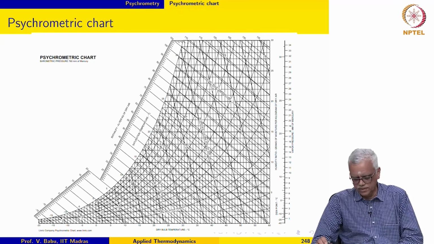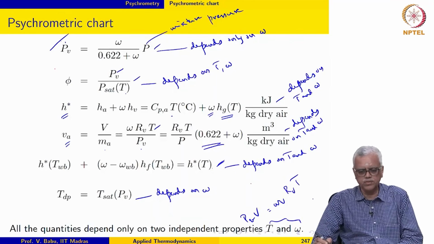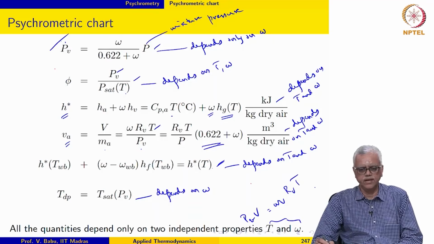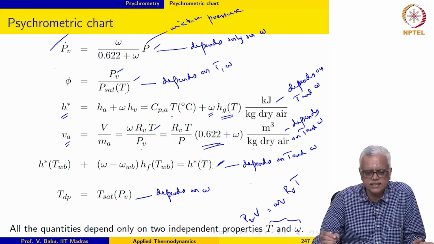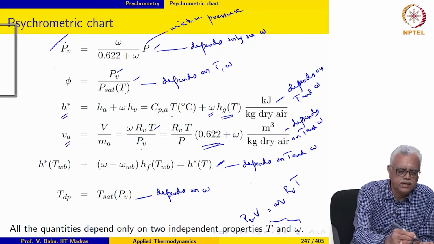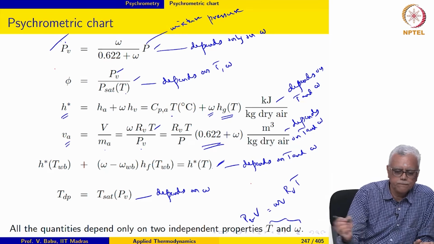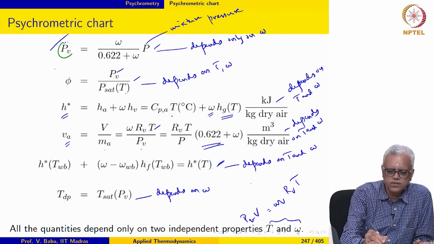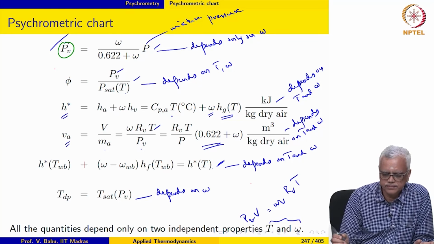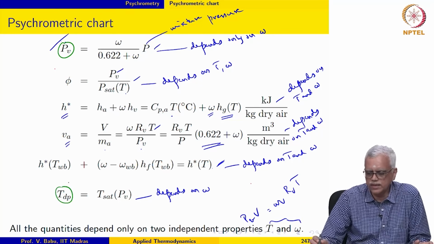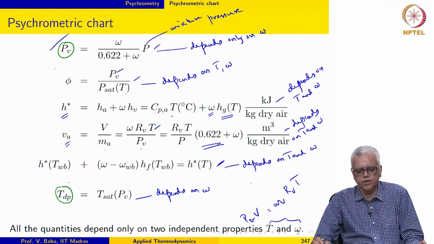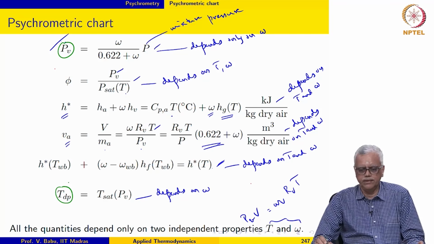So, the basis for that comes from this observation. Some of them interestingly enough depend only on omega. Let me denote this using a slightly different color. So, this depends only on omega and this also depends only on omega. All the others seem to depend on T and omega.